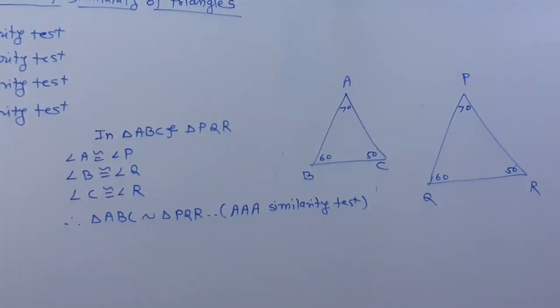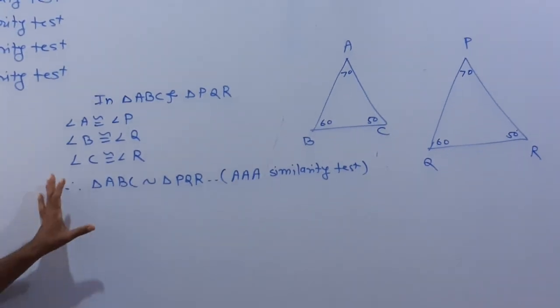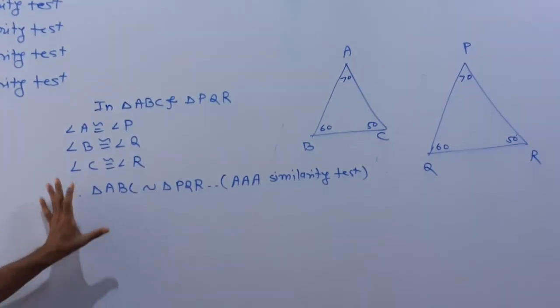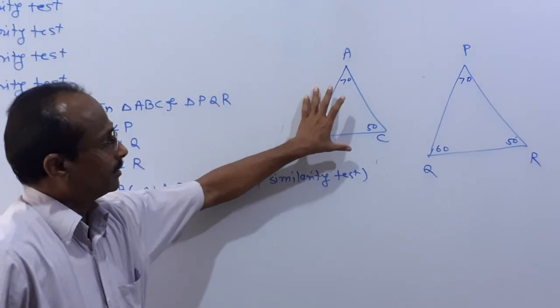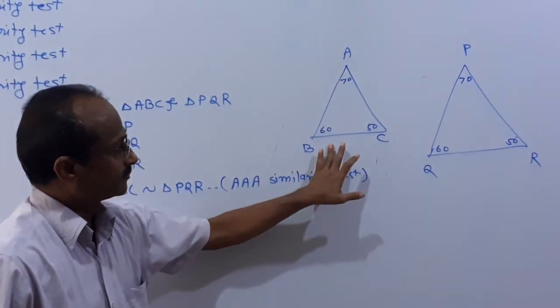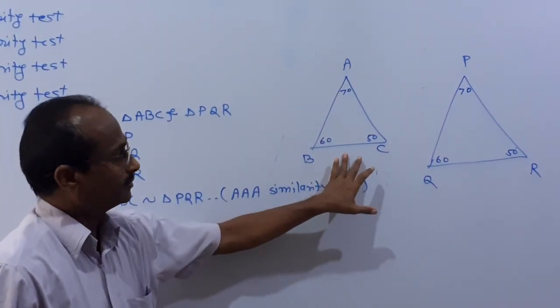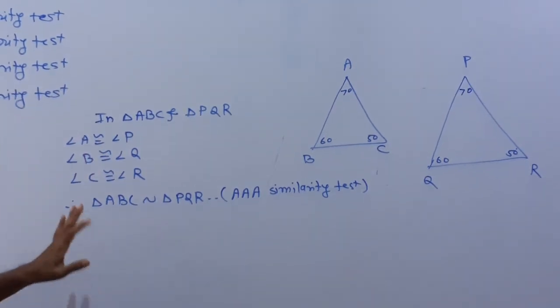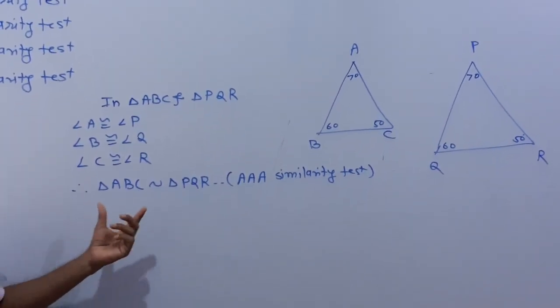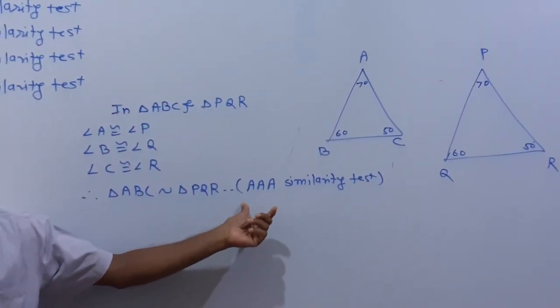Is it clear? Listen once again, if we are provided all three angles of the triangle, then the pair of triangles is similar by the AAA similarity test.